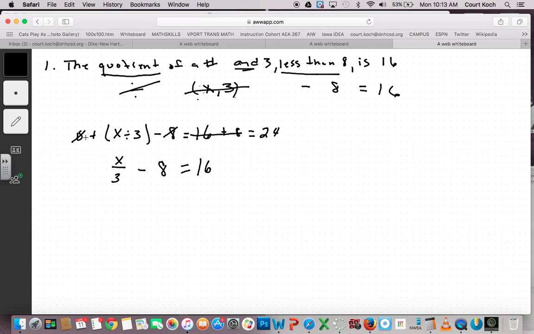Well, I'm going to times by 3. That's going to cancel this and this out. 24 times 3, well, I know 8 and 8 is 16. Add another 8. That is 24. So dividing that by 3 is going to give me 24. And now this is canceled out. So I'm left with x equals 8.